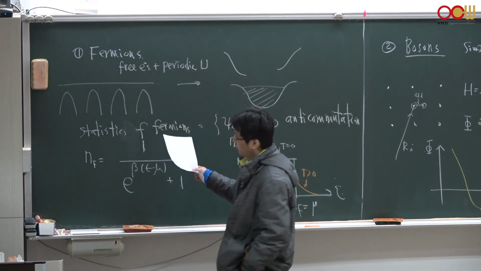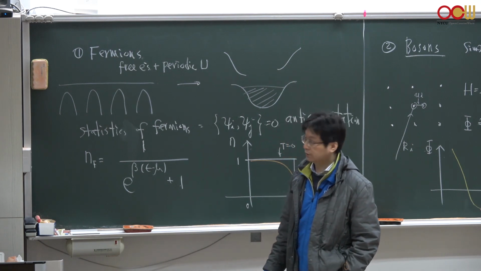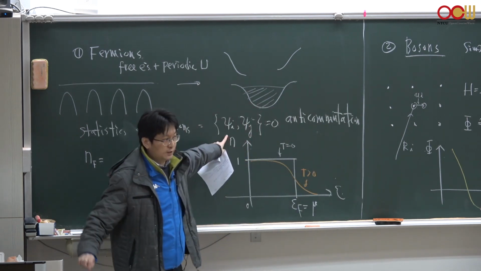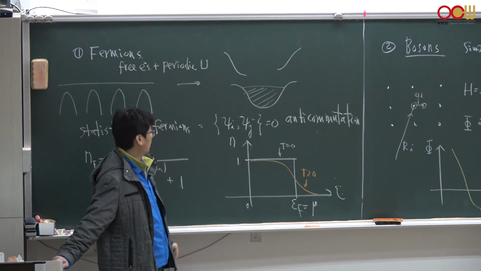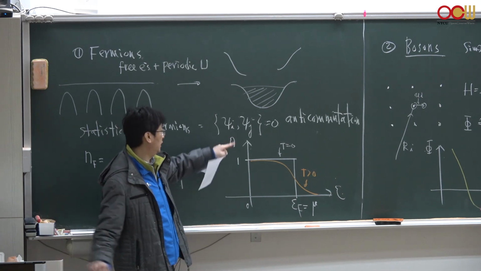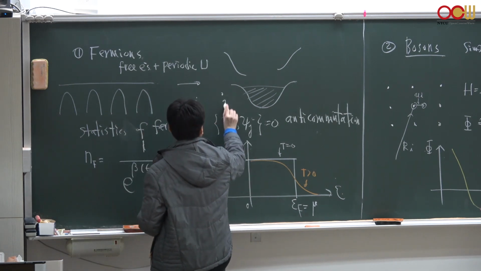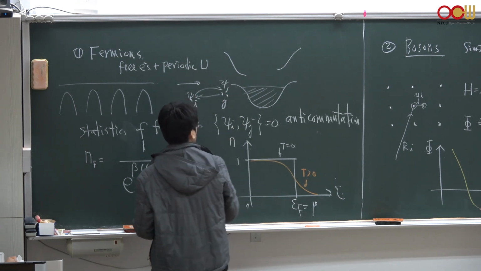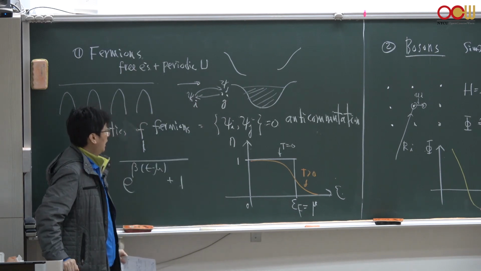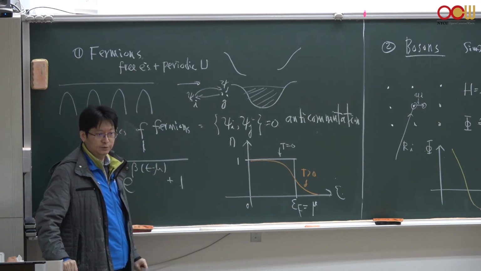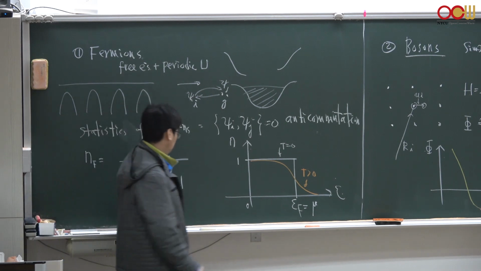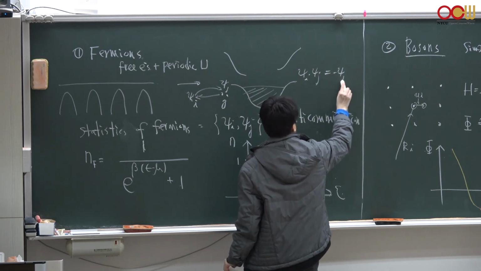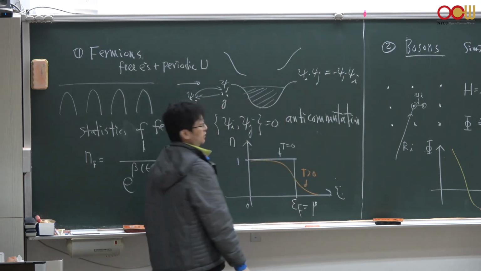So as you know already, electrons are fermions, and the fermions satisfy these anti-commutation relations. For example, if I have two electrons described by psi i and psi j at different spatial locations, and I would like to interchange these two wave functions, they anti-commute, namely psi i psi j is actually minus psi j psi i for this two-fermion system.